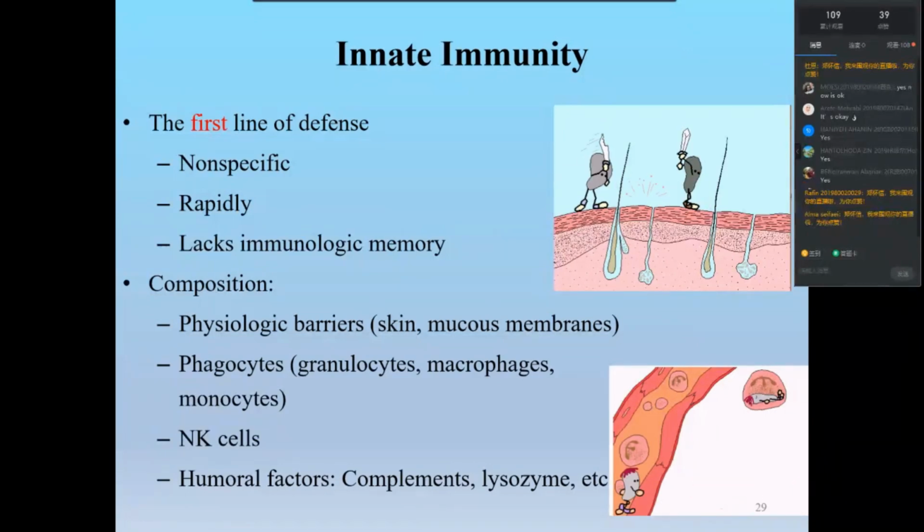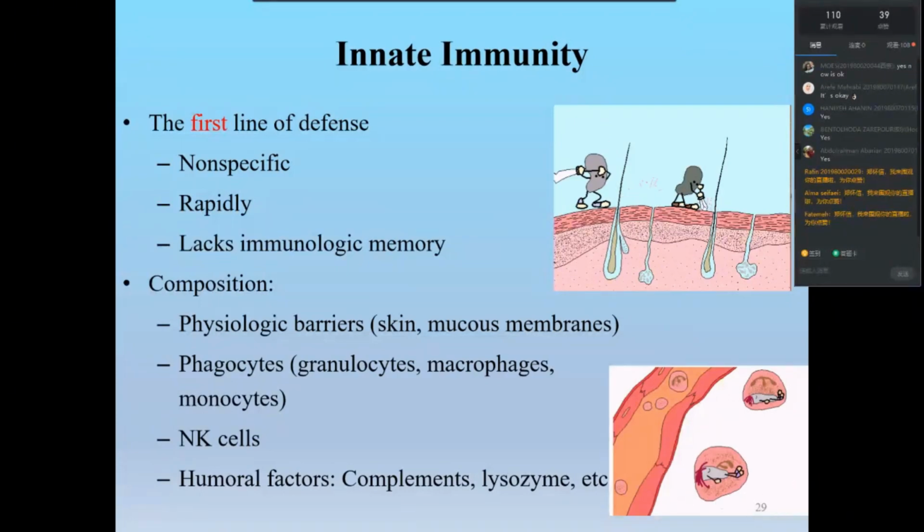The composition of innate immunity contains different layers, like a physiologic barrier. That means our skin or mucous membrane. Those barriers can block the invasion of pathogens. So they are actually the first line of defense.